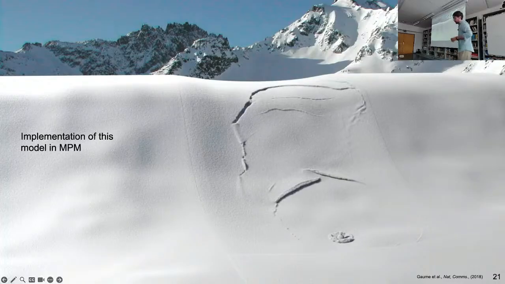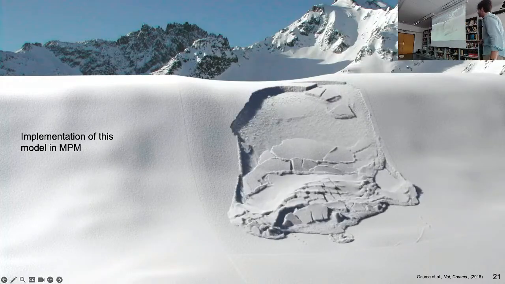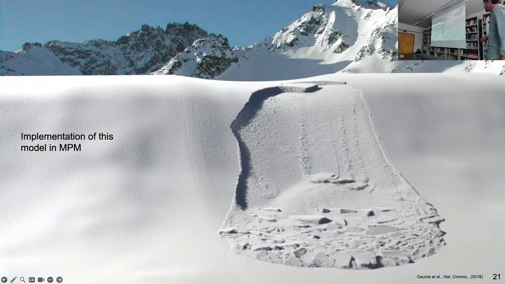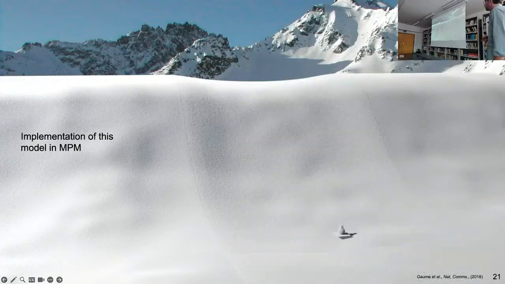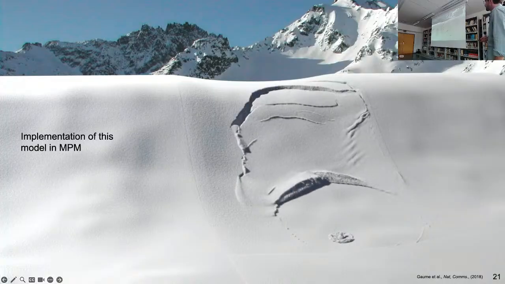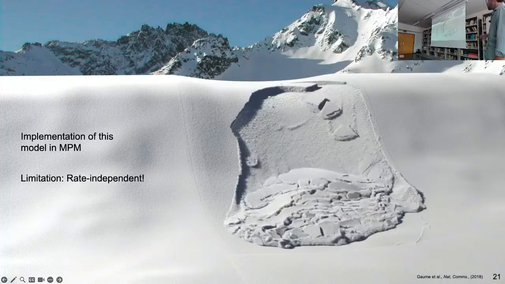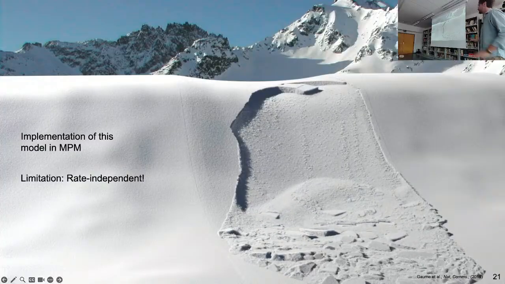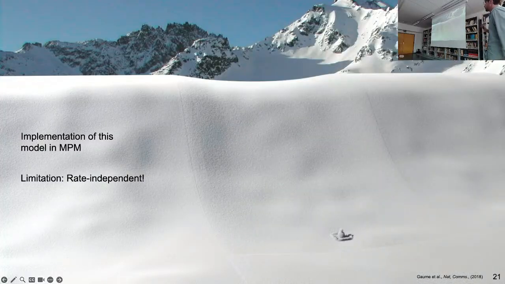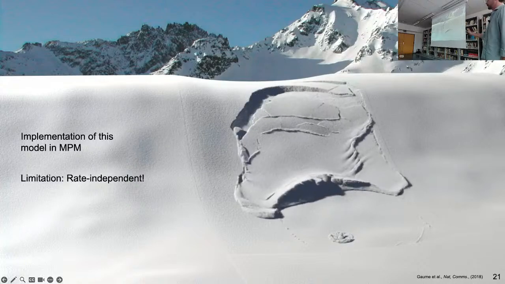So this type of model has been implemented in MPM, and we have used this to model snow avalanches. There is a problem with this, which is the fact that it's completely rate independent so far. So far, there was no viscosity in here. There was no elastoviscoplasticity. It was just elastoplasticity.